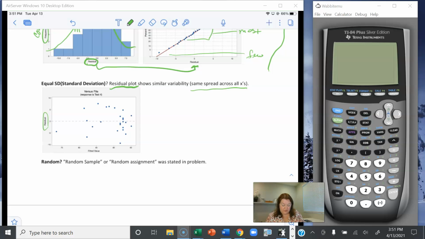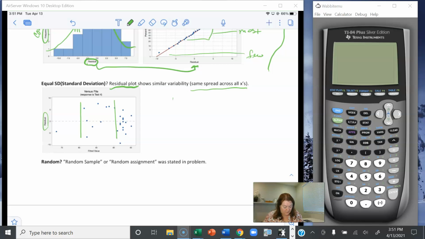Basically what we're looking at is that the spread on the left side of the residual graph is about as wide as the spread on the right side, that we're not seeing any trumpeting or where they kind of go together. So if I look over here, I can see that from high to low, we're right about here. Over here, we're still right about here.